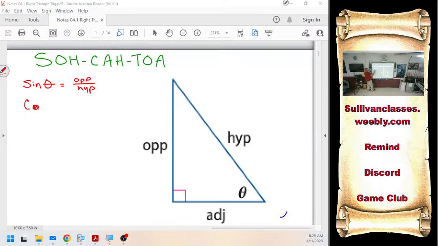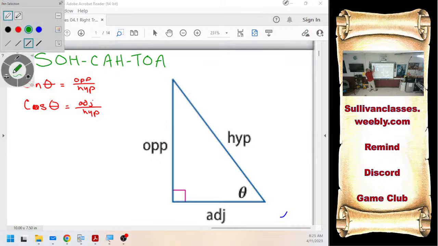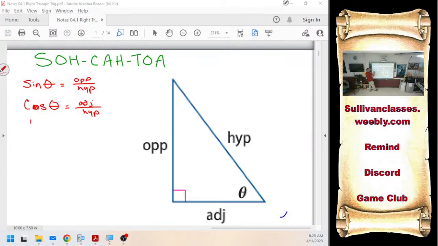The cosine of theta is adjacent over hypotenuse. And TOA, tangent. The tangent of theta is opposite over adjacent.